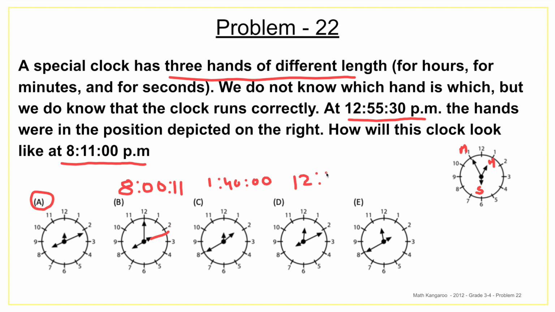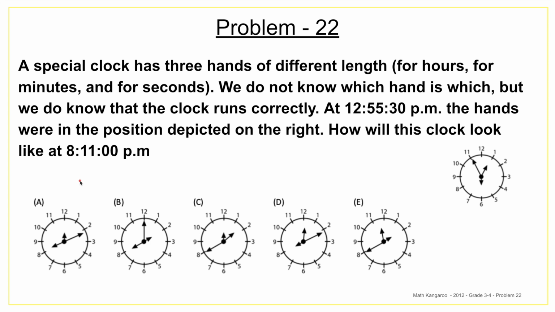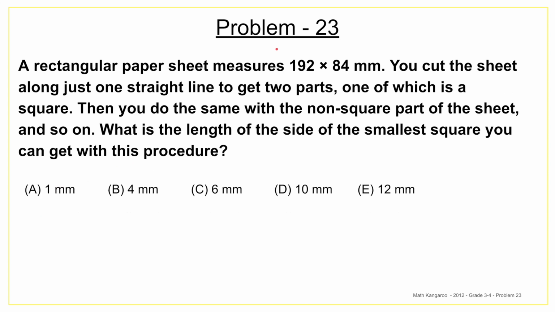Minute is at 11 and second is at 40. Option E. We have the hour at 11. Minute is 40 and second is 11. So our answer is option A. That is when 8:11:00 happens.